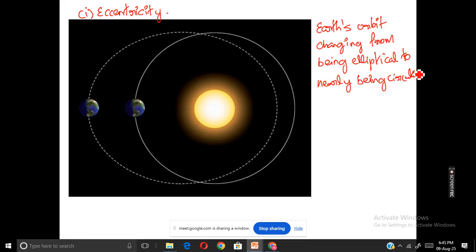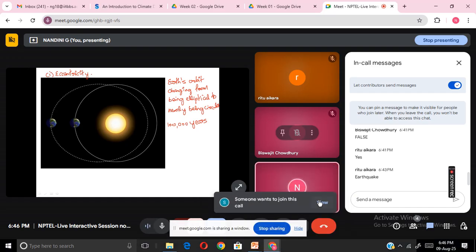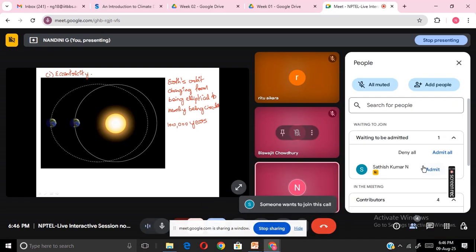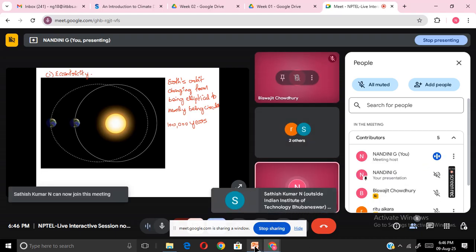The Earth's orbit is changing shape from elliptical to circular and then back to elliptical. This is a cycle that happens over a period of 100,000 years. Because of the large periodicity of this phenomenon, we are not bothered about it. It is not going to affect us in our lifetime.